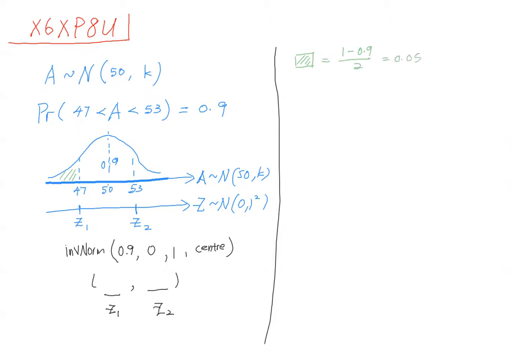So I can get my Z1 by using inverse norm 0.05, comma 0, comma 1. Can someone tell me what is Z1?